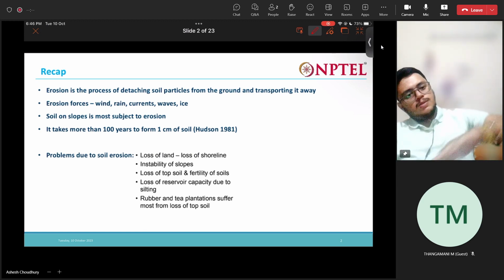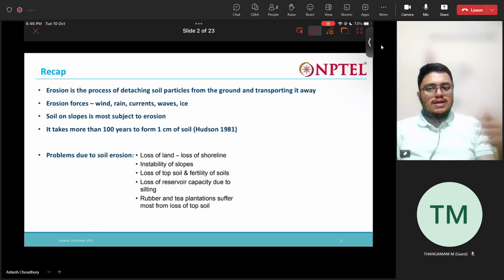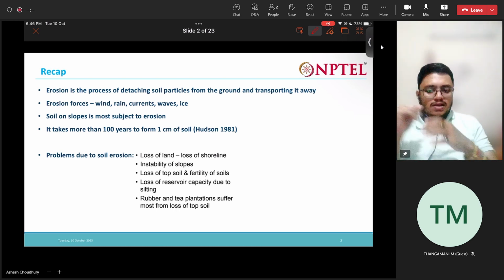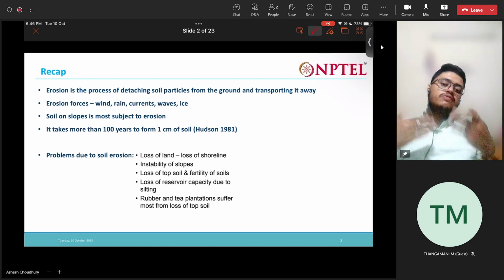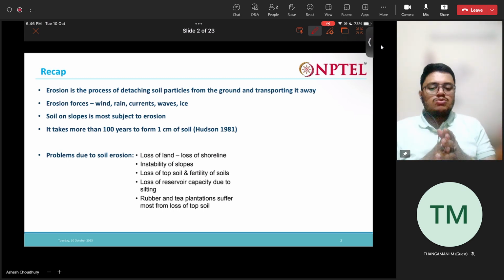So if there is erosion, say due to heavy rain, the topsoil gets eroded and washed away very easily. The topsoil is generally very fertile, so this gets washed away. Somewhat these plants hold the soil, but if the water forces are too high, this gets washed away. Okay, so then it is a problem.